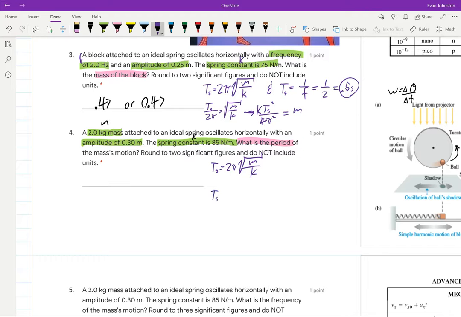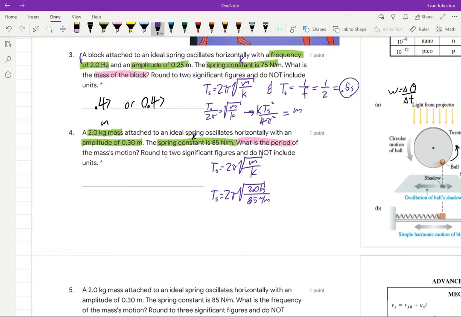So I just have to poke into my calculator 2 times pi times the square root of 2 kilograms over 85 newtons per meter. 2 times pi times the square root of 2 divided by 85, and I get 0.96380.